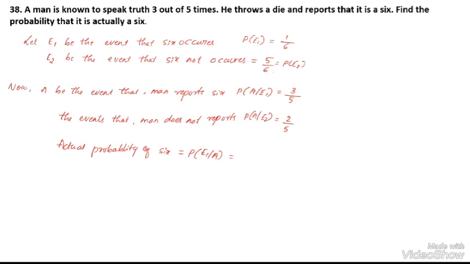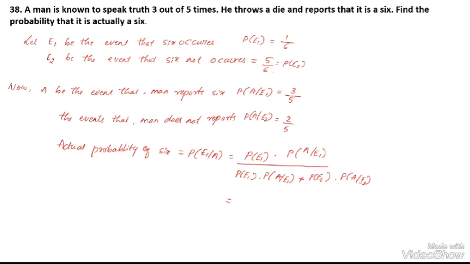We have to calculate this now. That is the probability of E1 into probability of A given E1, divided by probability of E1 into probability of A given E1, plus probability of E2 into probability of A given E2.